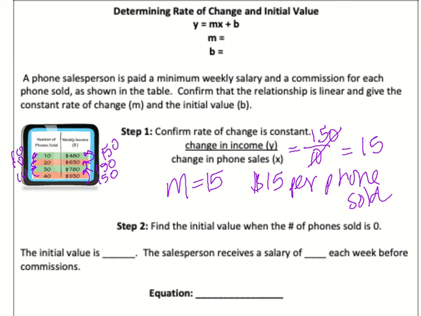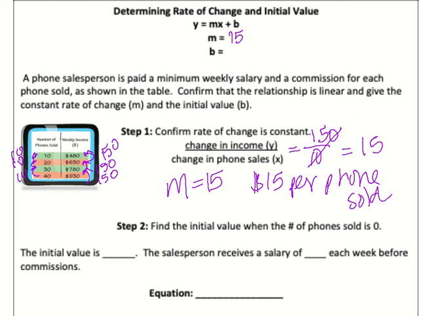Now we're going to find the initial value when the number of phones sold is 0. There are two ways we can do this. One way is just move down the table, subtracting until we get down there. The other way is to take this information we know, the slope 15, and figure it out mathematically.